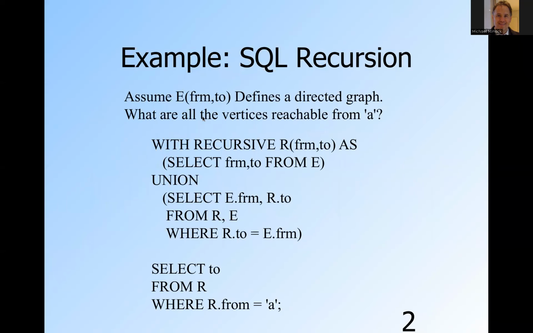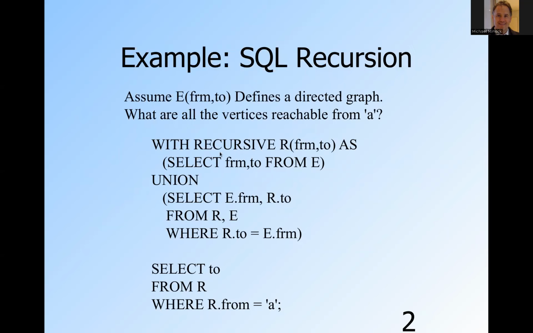PostgreSQL does. So here's how we define recursion inside of PostgreSQL. It uses these common table expressions. In general, I'm against these things because they tend to clutter up your SQL, but you actually do need them when you do recursion.